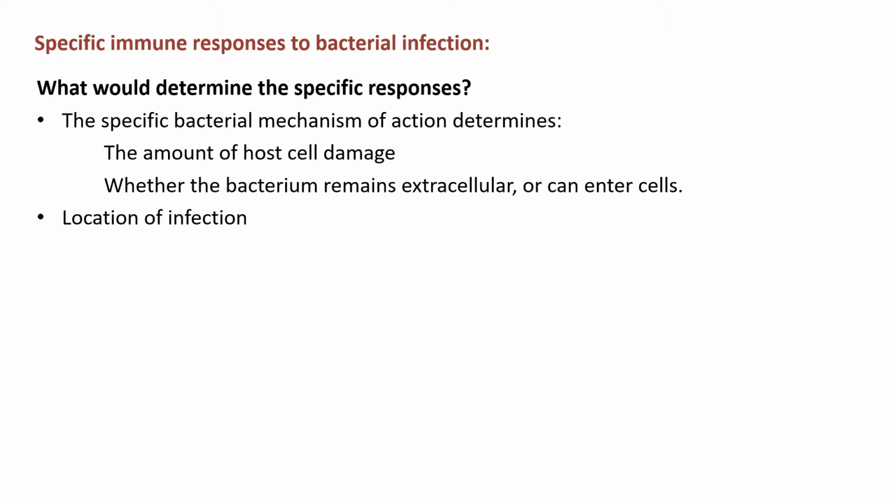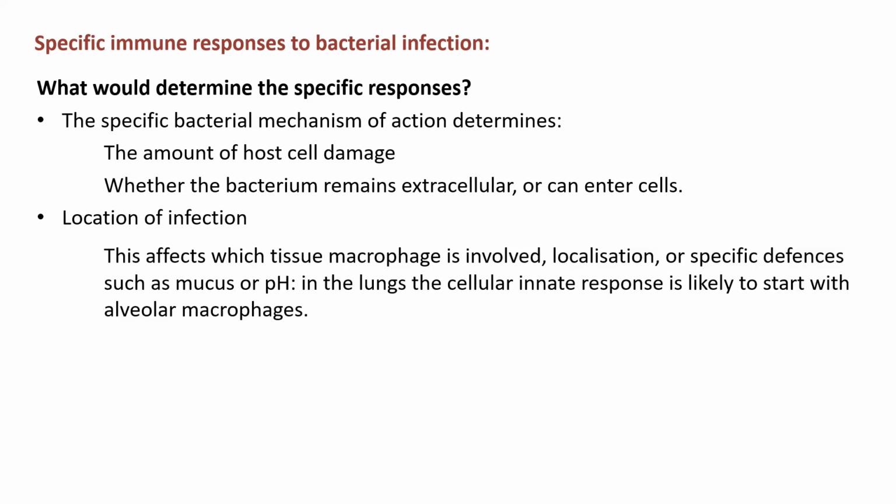And as we said, the location as well is going to determine the specific responses. So we're talking here about which tissue macrophage is involved, that any localization, whether it can be walled in, or specific defenses such as mucus, pH, things like that, things that are specific to the area.